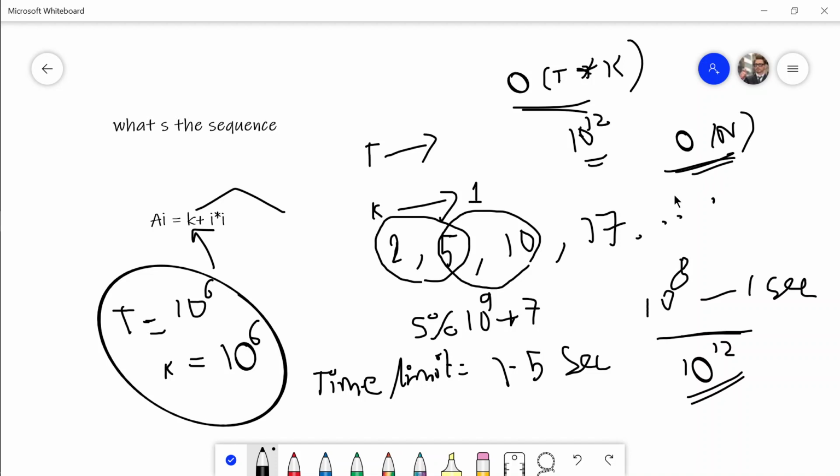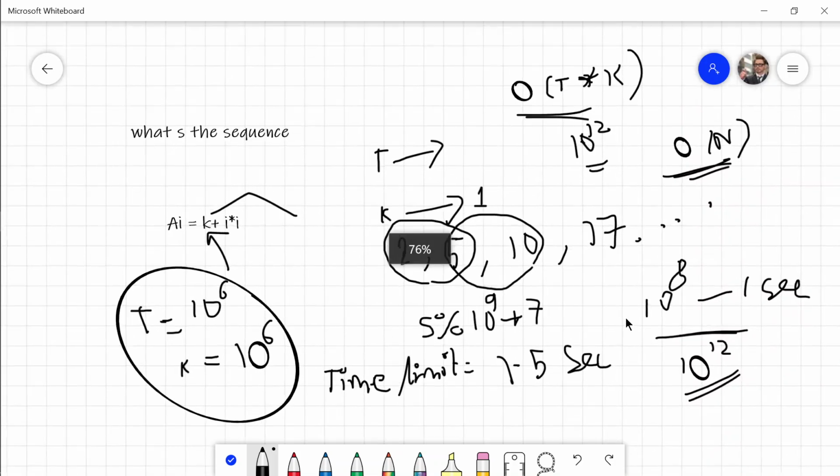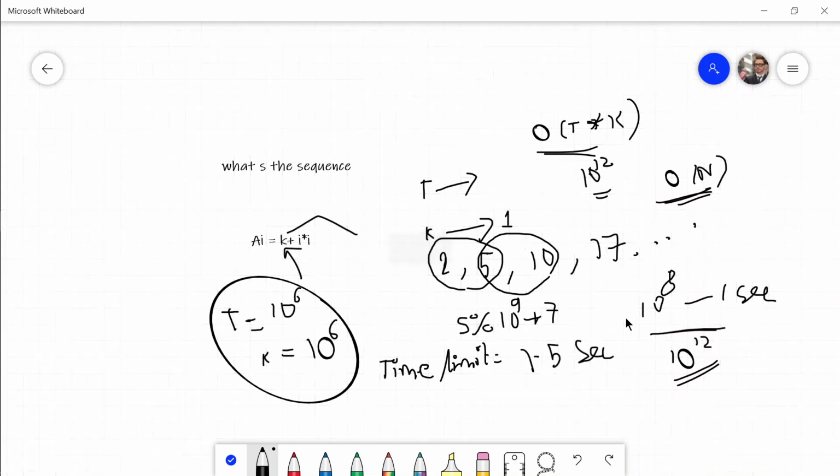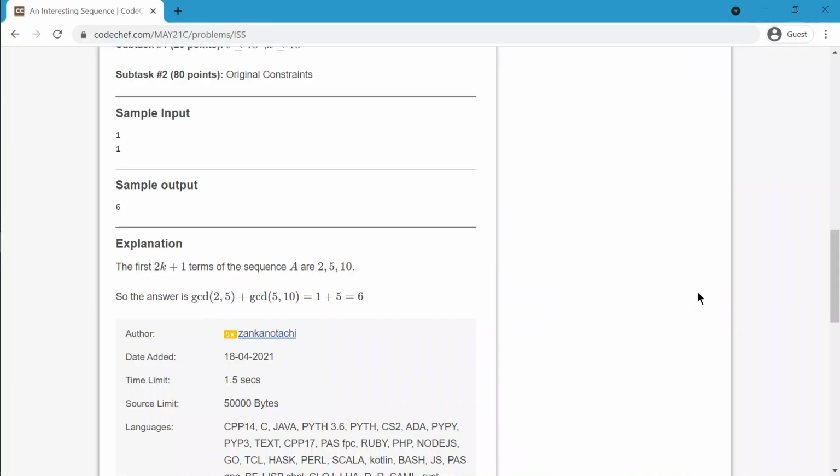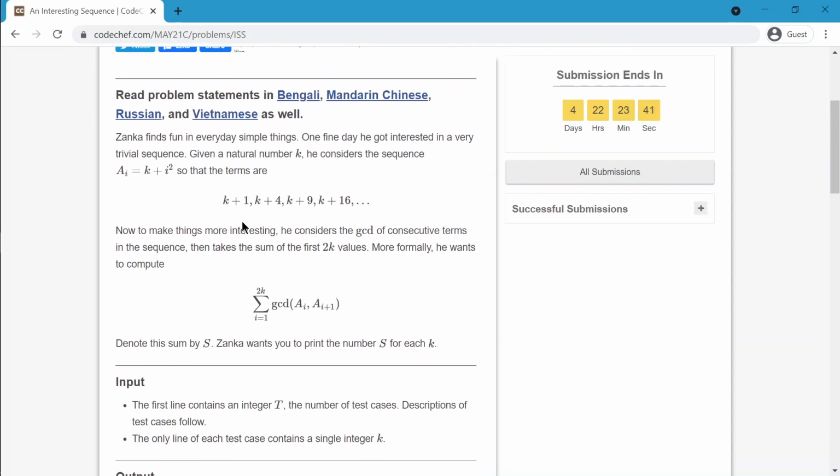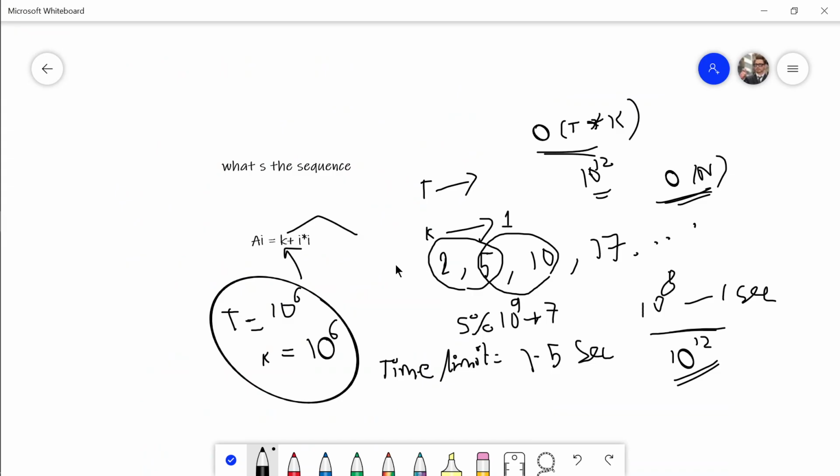If we carefully observe the problem statement, this is the sequence given.